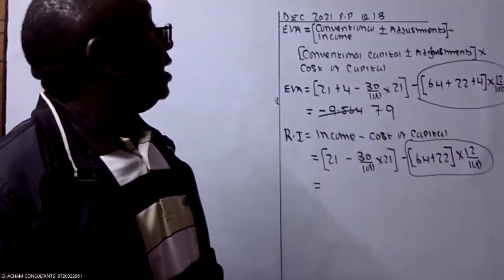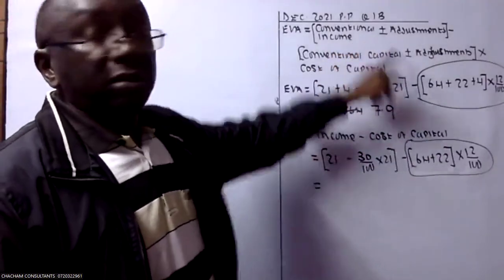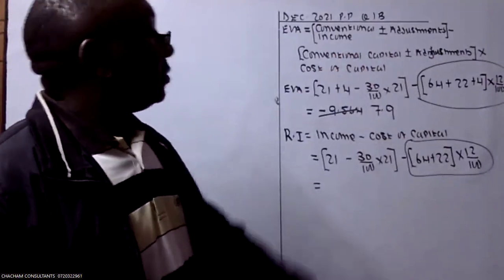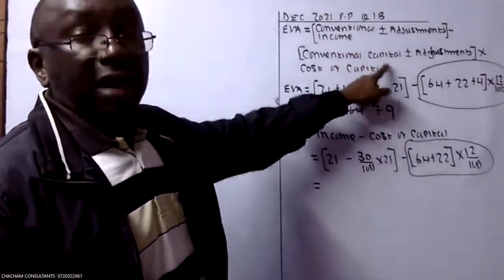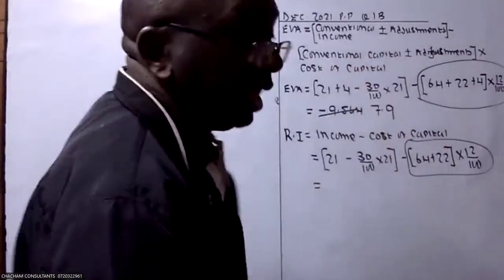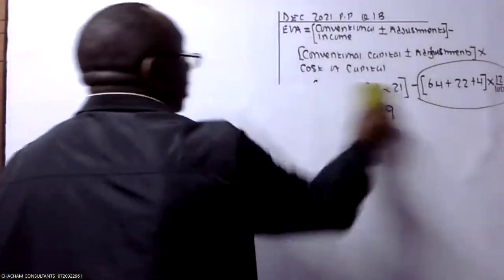And as I said, when you use this conventional income and you do the adjustments, we call it the revised income. Now, this one is called the revised capital. So this is what you are going to use again in this manner.